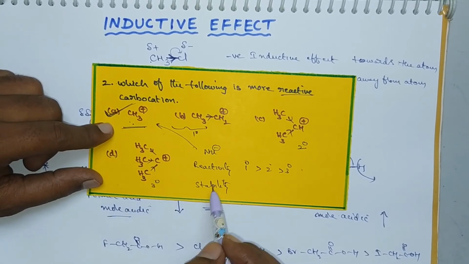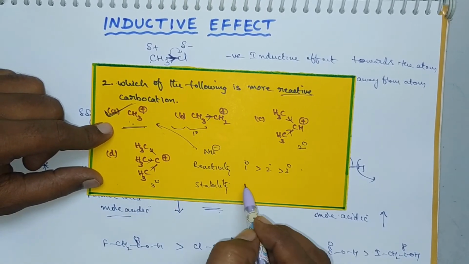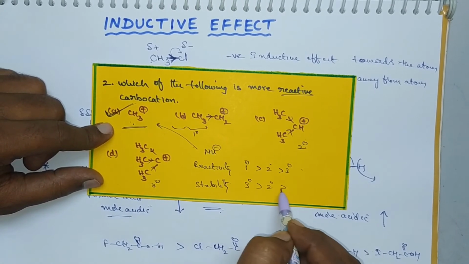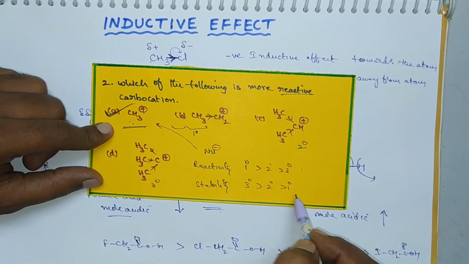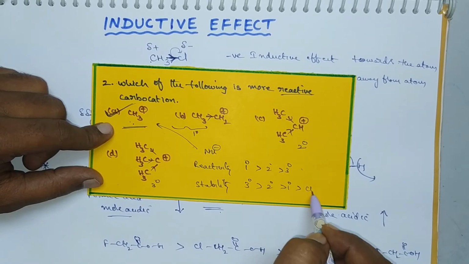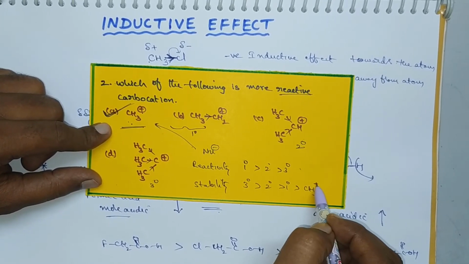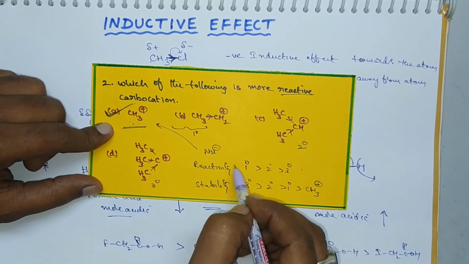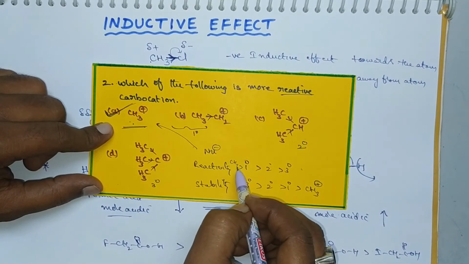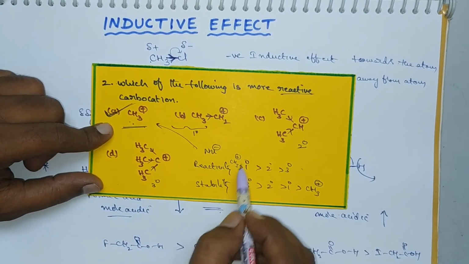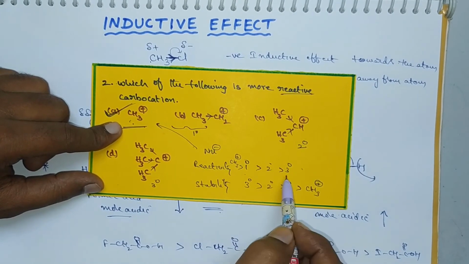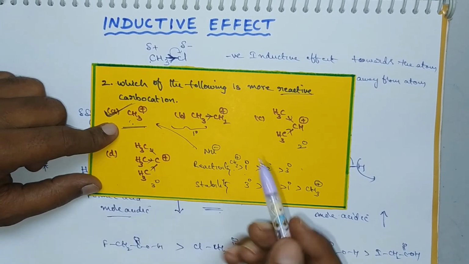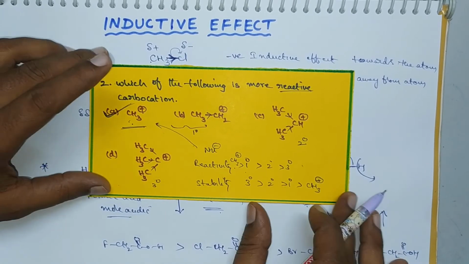So if you consider the stability of these three, tertiary is greater than secondary, which is greater than primary. So this is the stability order. Okay, clear? So here we can write CH3 plus also. The reactivity of CH3 plus is more than primary, secondary and tertiary. So CH3 plus is also considered as primary. Okay, clear? And next one.